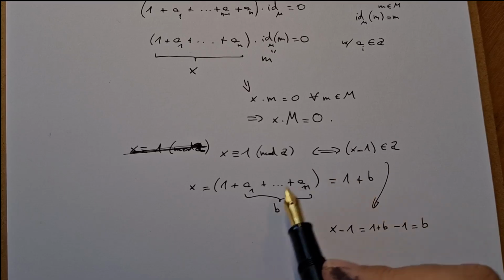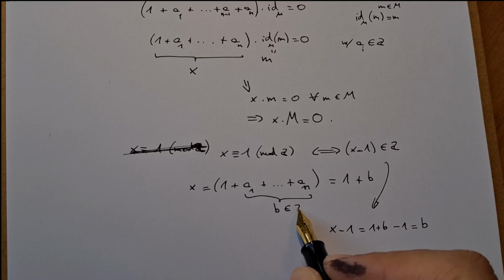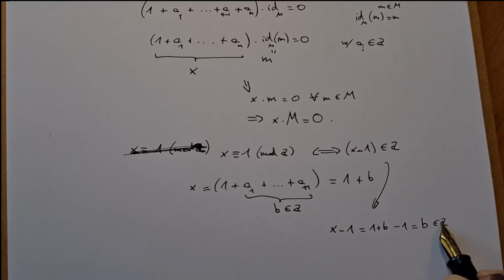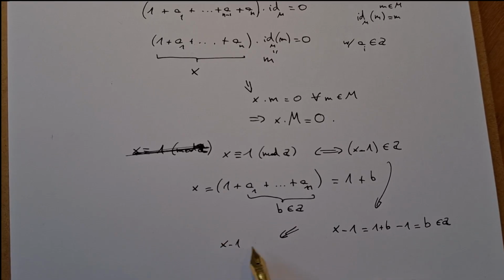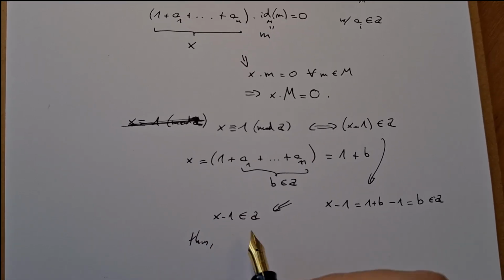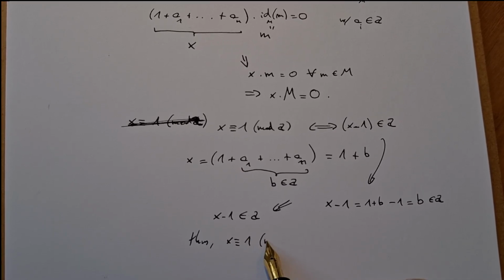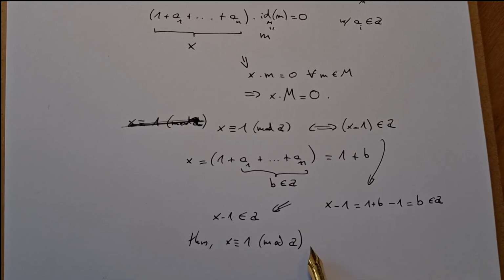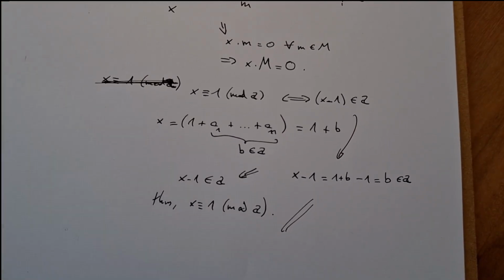Now, we know that all those a_i's are in the ideal A. So this is in the ideal A, thus x minus 1 is in the ideal A. Thus x is congruent to 1 modulo the ideal A. And we are done with the proof.